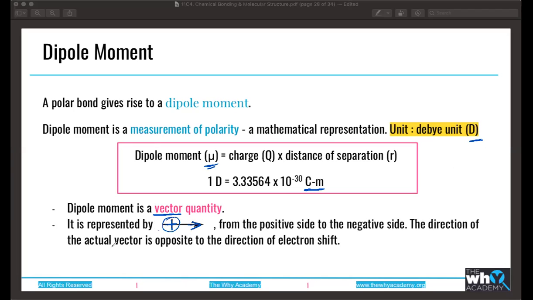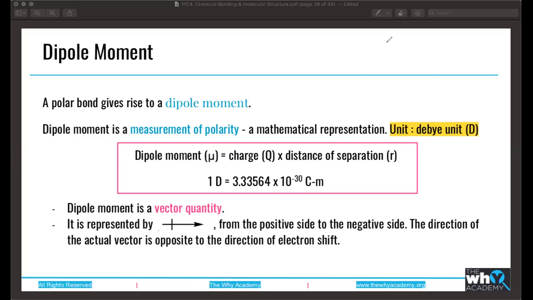The direction of the actual vector is opposite to the direction of electron shift. So this symbol is just the representation. But in physical calculations, when you're mathematically representing it, the direction of the actual vector itself is opposite to the direction of the electron shift. Practically, in a molecule, this shows the direction of electron shift from positive to negative.